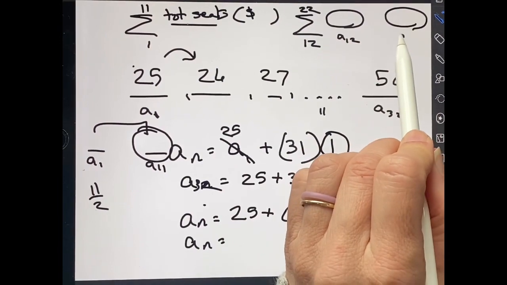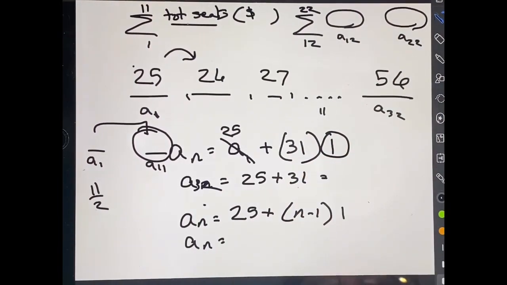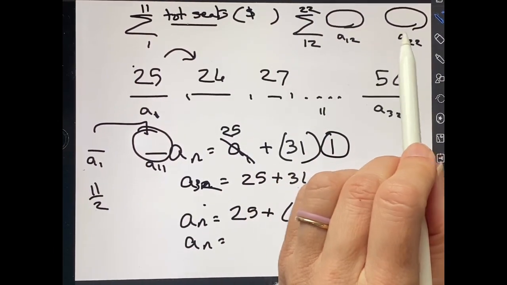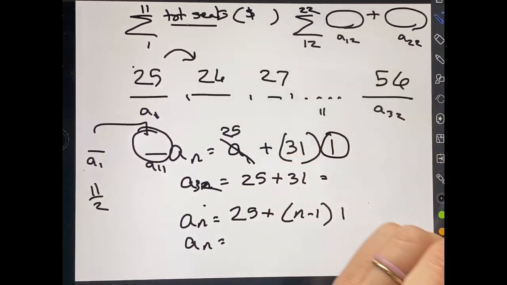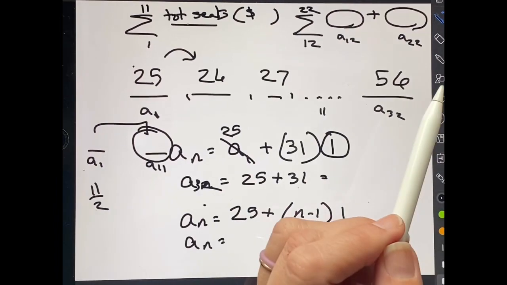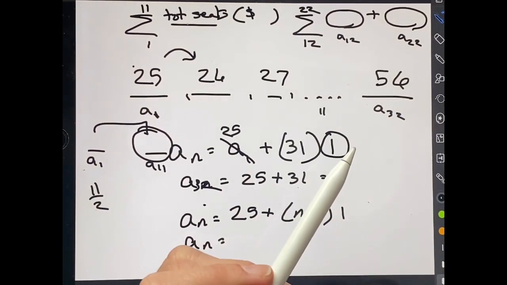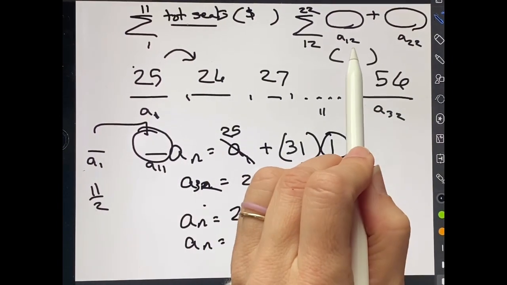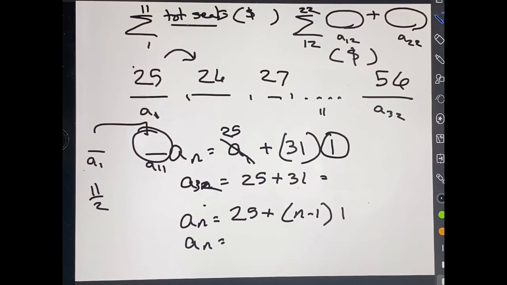How many seats does the 22nd row have? And we can use our generic formula for the seats for that. We're going to add those up, and we're going to say how many rows do we have total, and divide that by 2, and that gives us our number of pairs. And then that gets multiplied by the cost of those seats.